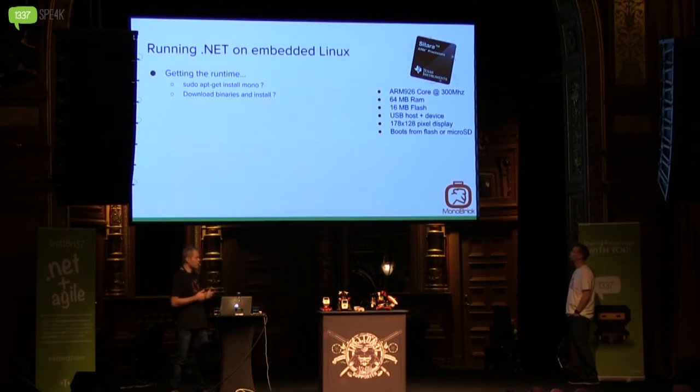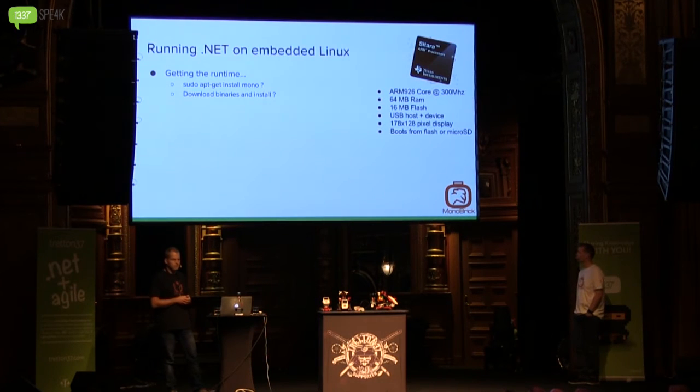So then we thought maybe we could just download the binaries somewhere, but it is not easy to find the correct binaries, because they have to be made for this specific processor core, and the Linux environment and everything has to match up.